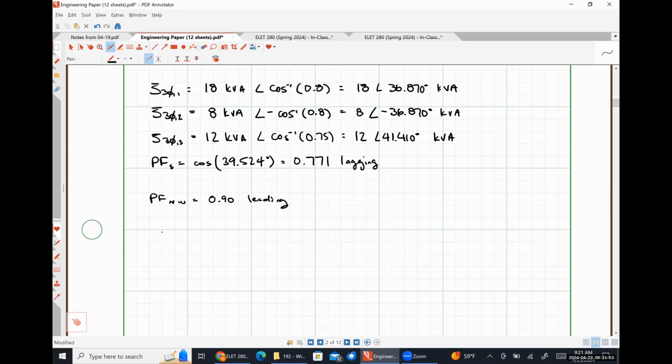So our equation for our capacitance generically is P three-phase old times tangent of theta old minus the tangent of theta new, divided by 3 omega, and then the voltage drop across the capacitor squared.